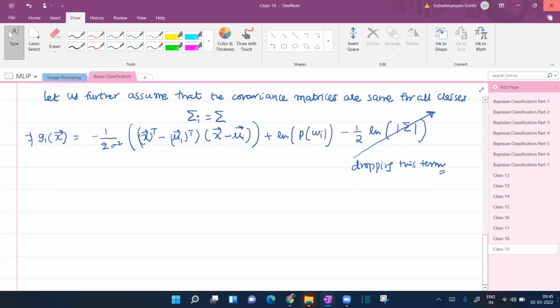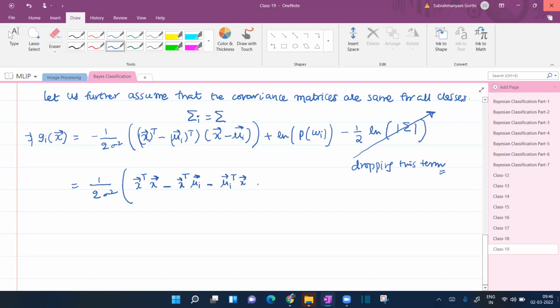Now let me do simplification for the rest of the terms here, which is x bar transpose times x bar, and minus x bar transpose times mu I bar, minus mu I bar transpose times x bar.